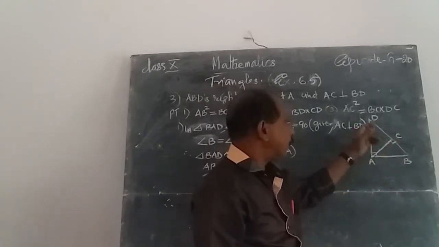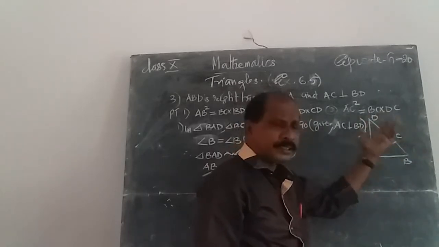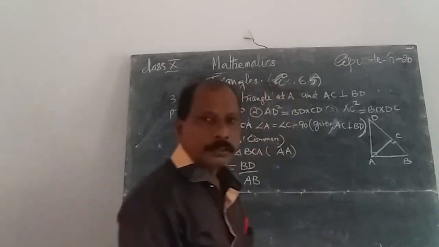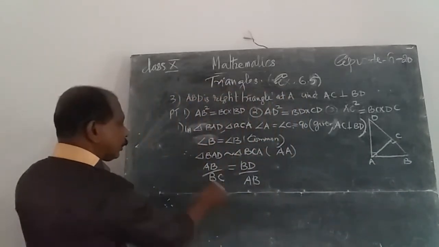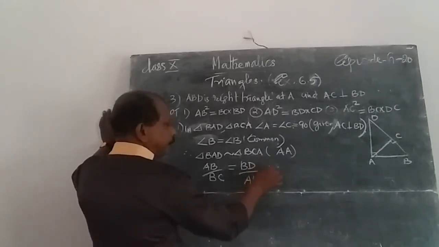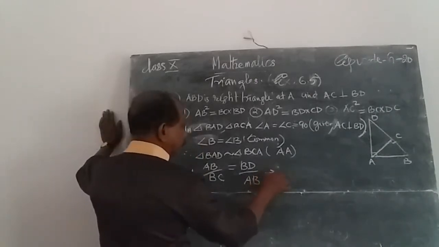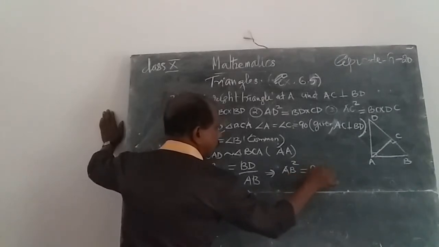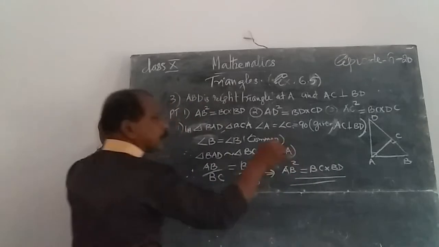The hypotenuse of the larger triangle is BD, and the hypotenuse of the smaller triangle is AB. That is the ratio of base and hypotenuse. Cross multiplication, which implies that AB square is equal to BC into BD. That is the first result.